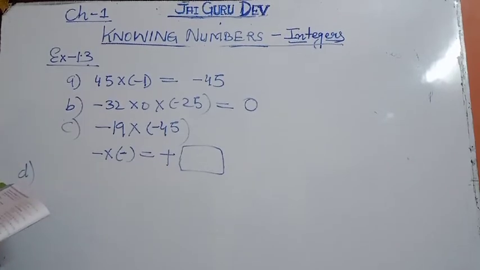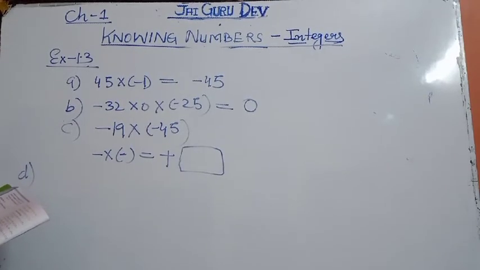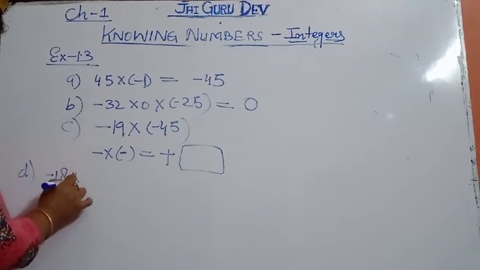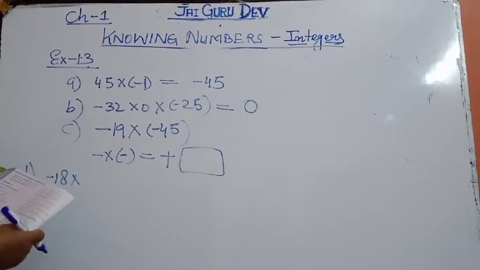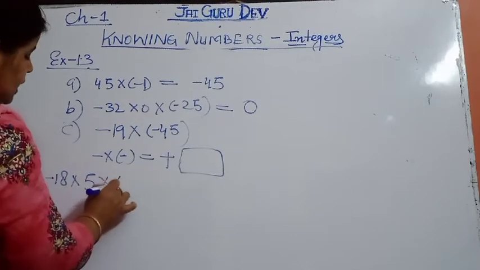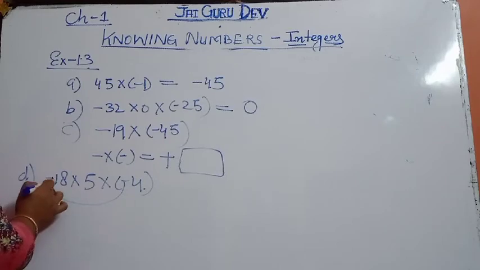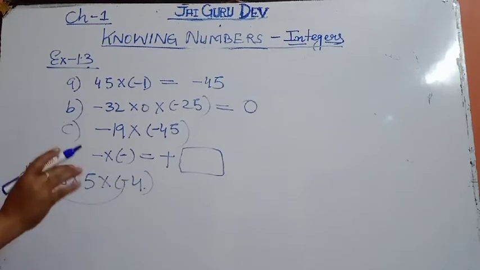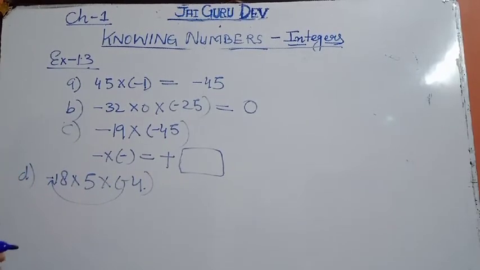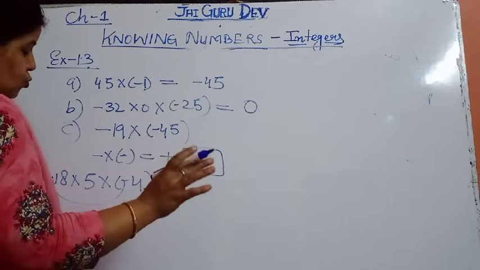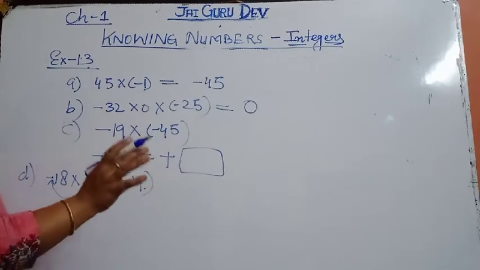Now see the D part. What is the D part? Minus 18 into 5 into minus 4. You can see how many times minus is there? 2 times. We have just learned that if the minus sign is multiplied an even number of times, and you know 2 is an even number, then what kind of result will come?